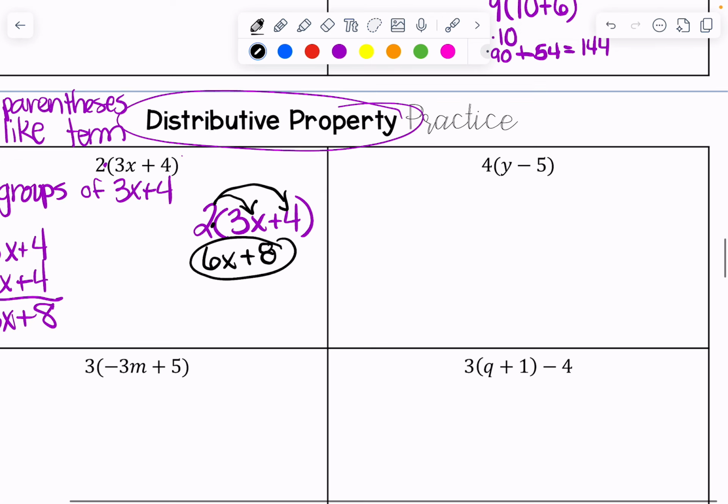Over on this next example, I have 4, and then in parentheses, the quantity y minus 5. Couple of things to remember about this. When we have no coefficient on our variable, there's an invisible 1 as our coefficient. So that y is actually 1y. And so I have 4 groups of 1y minus 5.